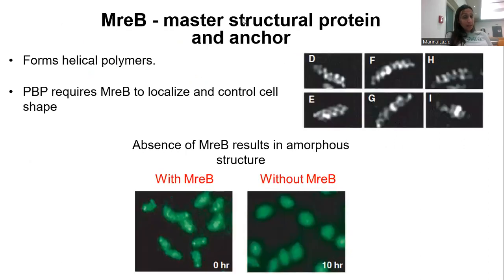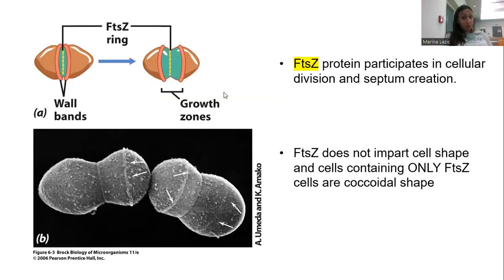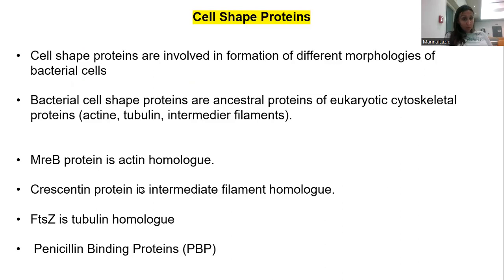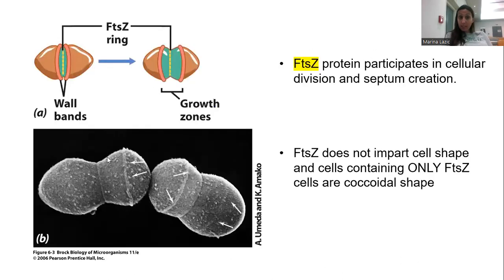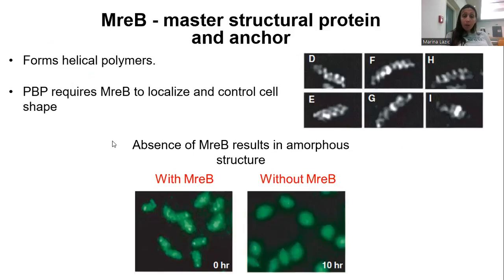Another protein that you need to know is MreB, which is a structural protein and anchor. MreB is an actin homolog, so we talked about that here. MreB is actin, FtsZ is the tubulin homolog, and MreB interacts with penicillin binding proteins.